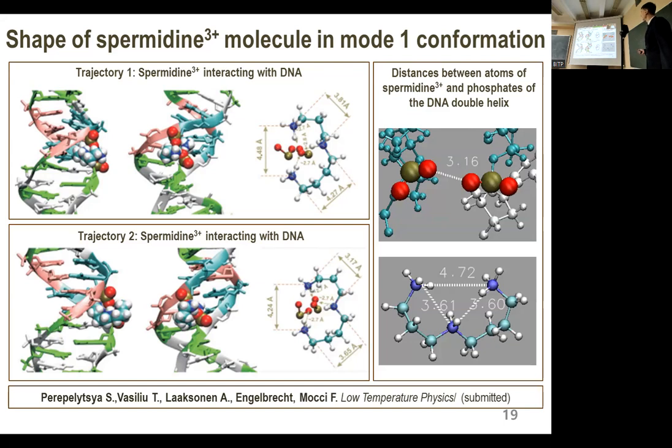You can see the characteristic distances, they are very short. Of course, it will never happen if we do not have the phosphate groups, and the same phosphate groups will never take such a conformation, with a very short distance, if the polyamine is not present in the system.